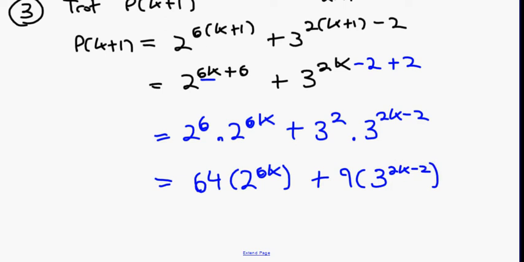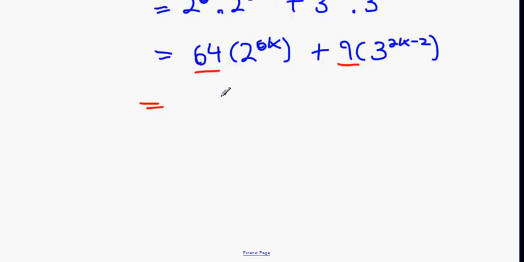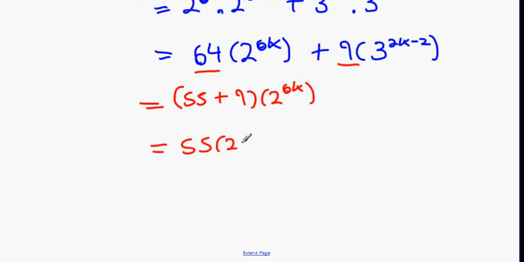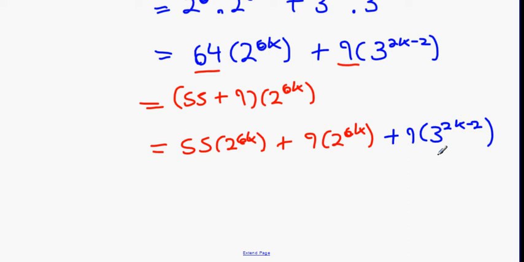Now the general rule is, look at the coefficients, the 9 and the 64, and turn 64 into 9 and 55 by 2 to the power of 6k. And what we get is 55 by 2 to the power of 6k plus 9 times 2 to the power of 6k, and then we still have our plus 9 times 3 to the power of 2k minus 2 over here.